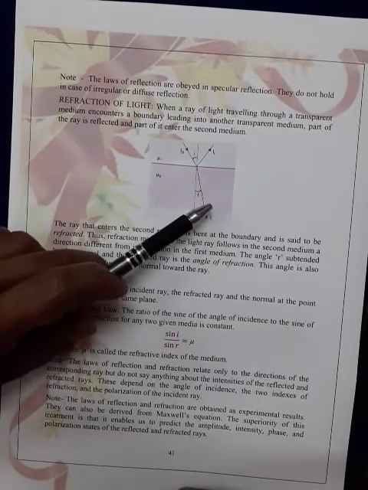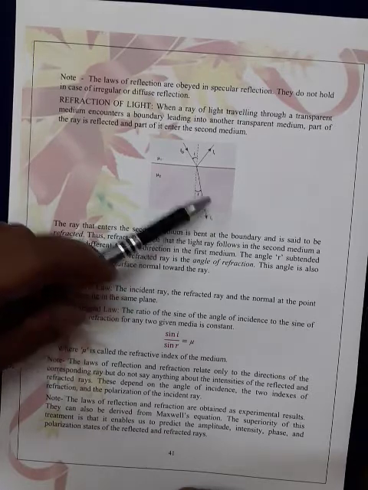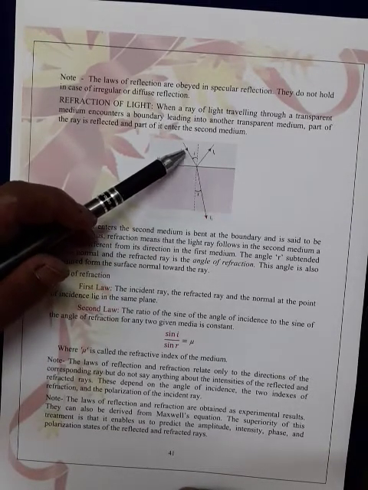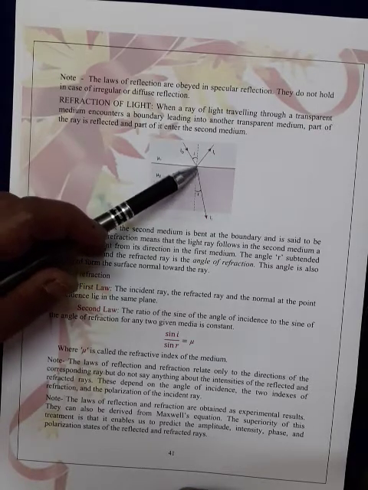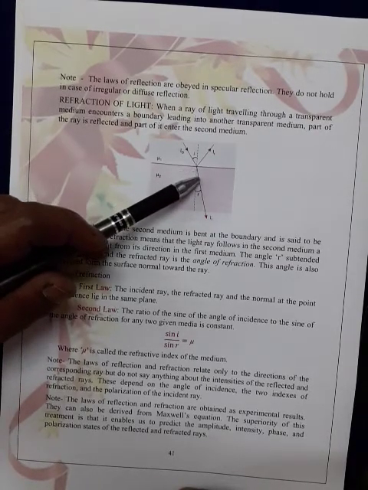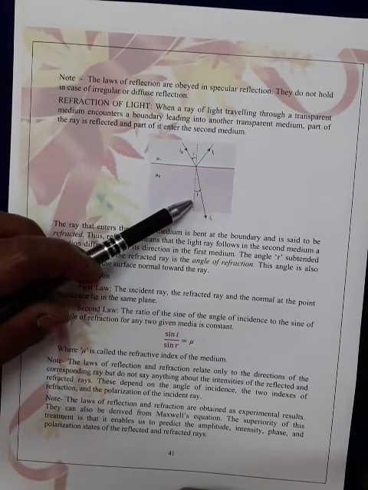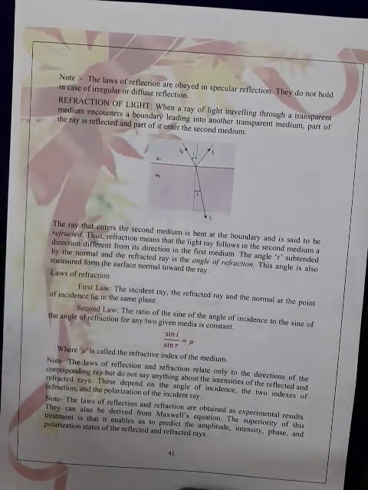When the refractive index of the second medium differs from the first, then, as you can see, instead of going straight, the light bends a little towards the perpendicular line, that is, the normal. The ray that enters the second medium is bent at the boundary and is said to be refracted.